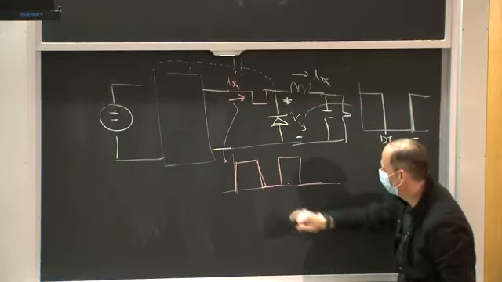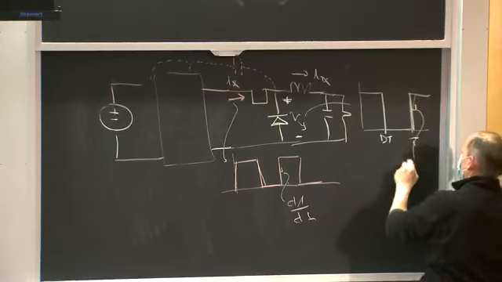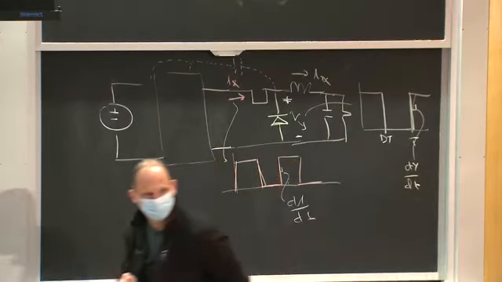So one of the things that influences how much EMI your converter generates is sort of the di/dt here or the dV/dt here. Does that make sense to everybody?